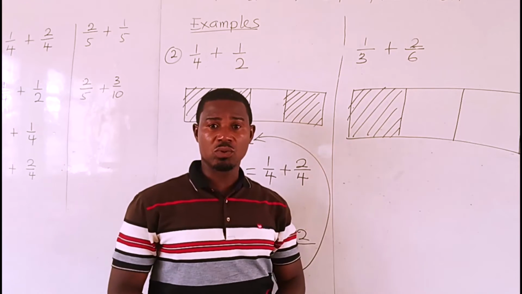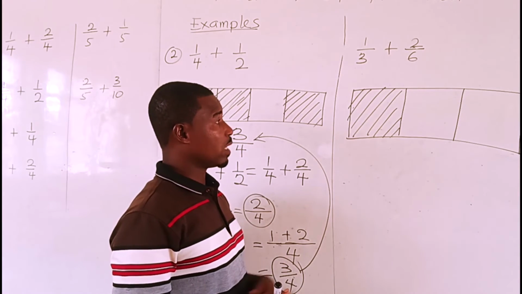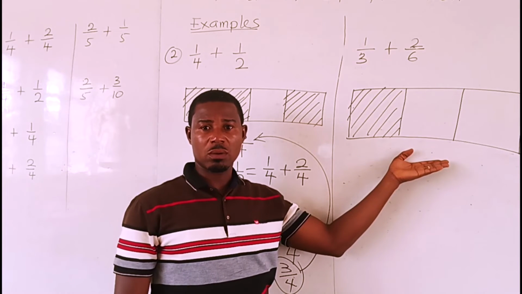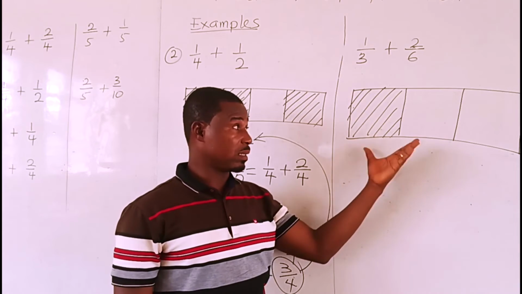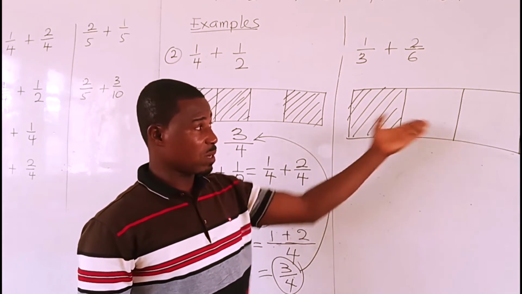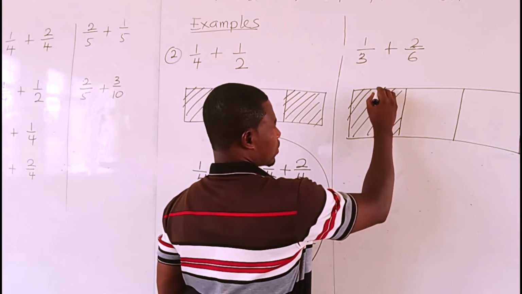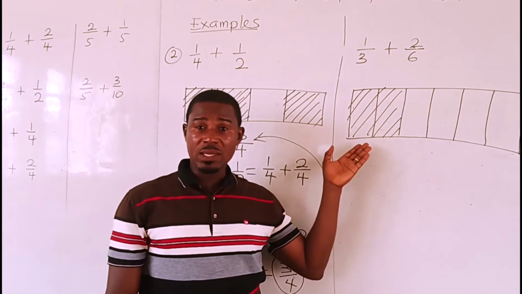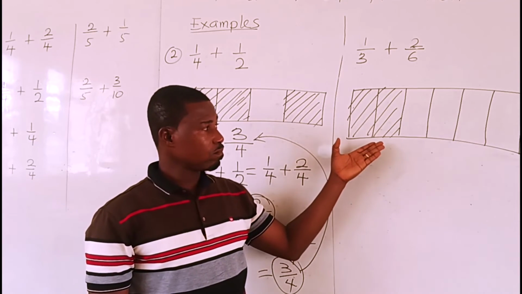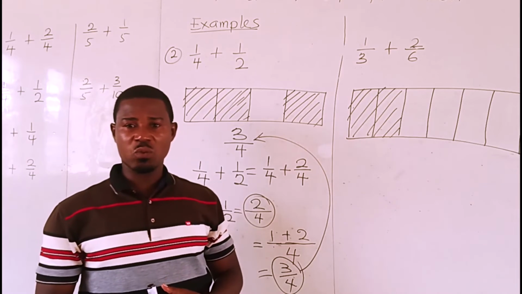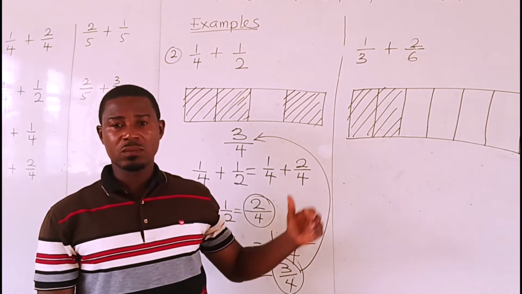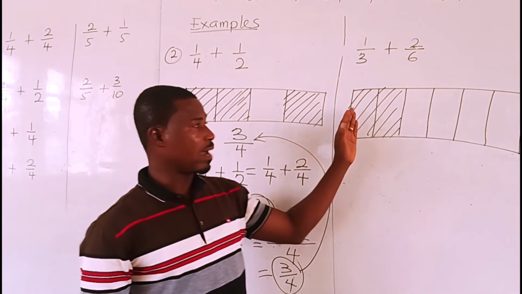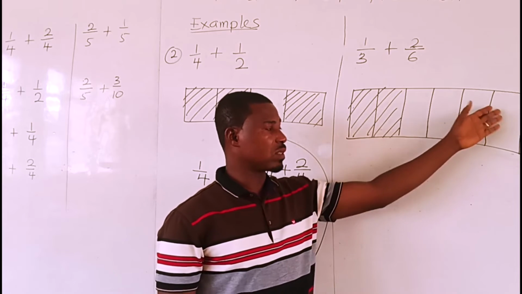Now let's look at 2/6. It means that we are going to redivide our whole into 6 parts, and it is easy here. Once we have 3 parts, we can go ahead and divide it into 6. And so now we have 1, 2, 3, 4, 5, 6.